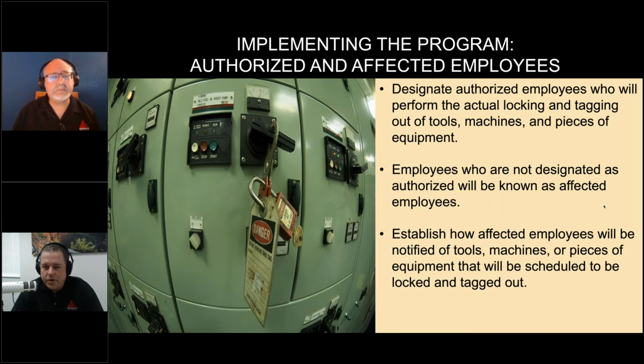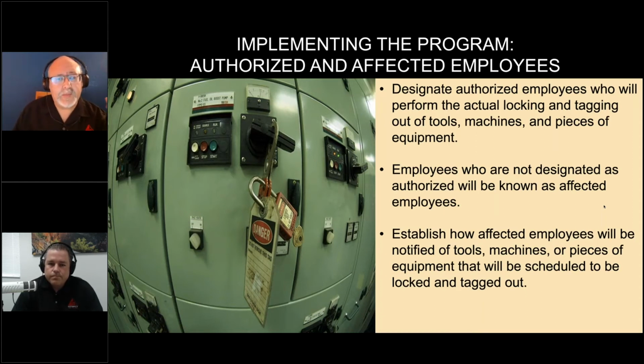Yeah, it's really important that everybody at the company be trained on lockout tagout, and this is where the affected employees come in. They have to know what the locks look like, what the tags look like, and what should be written on them, so that they understand what it looks like when they see it. That's important.